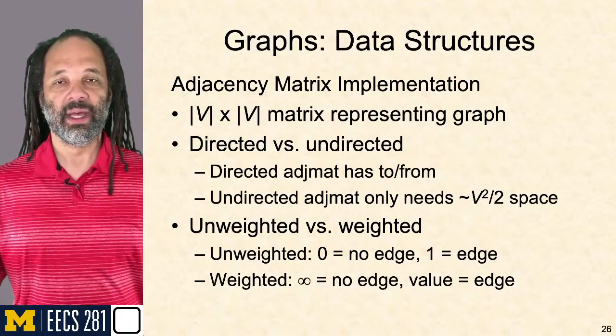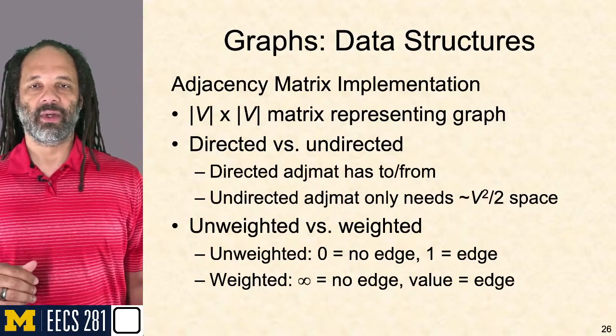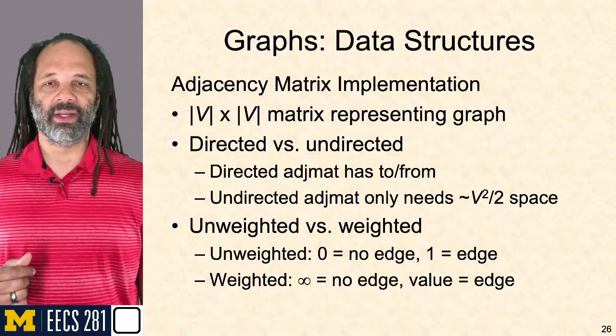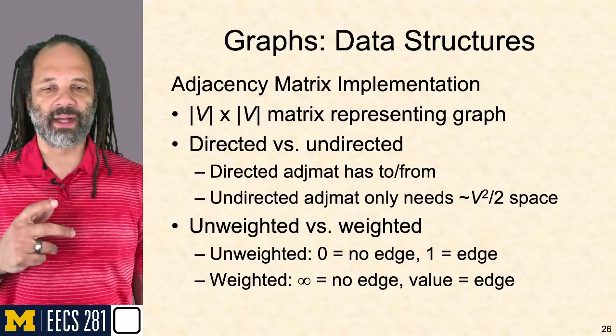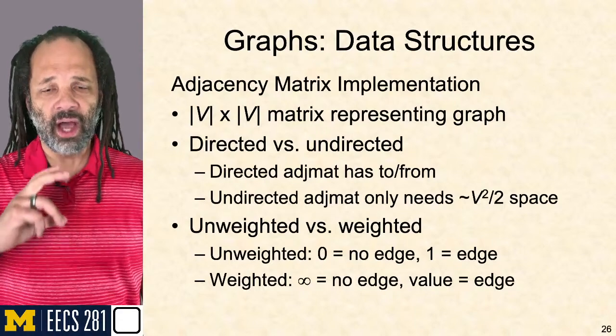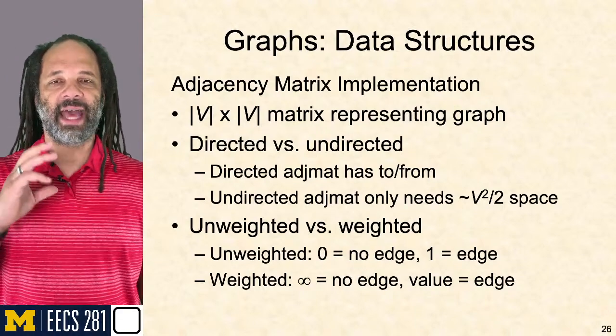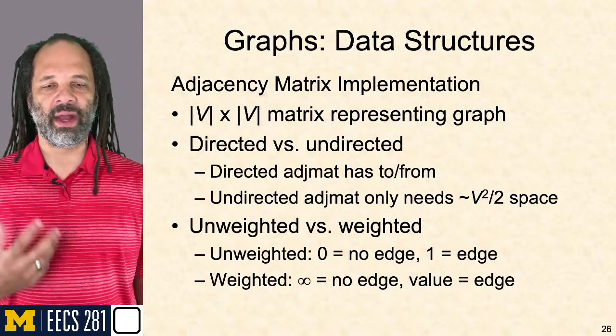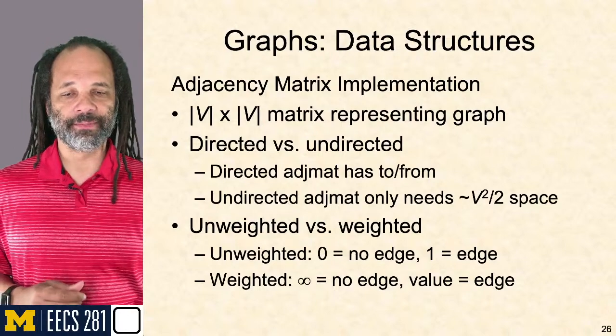Still obviously using big O V squared space. So you have to monitor what your savings get, because if you use an undirected adjacency matrix that's half populated, I would have to make sure that I always access them in the right order.